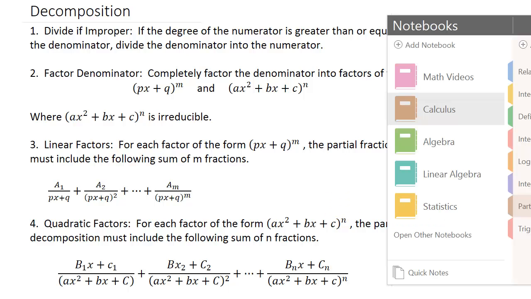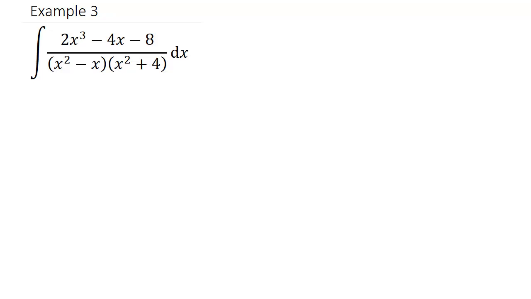Let's look at our third example here. We have 2x cubed minus 4x minus 8 over x squared minus x times x squared plus 4 dx. Alright, so the first thing that we need to do is take the denominator and factor what we can.